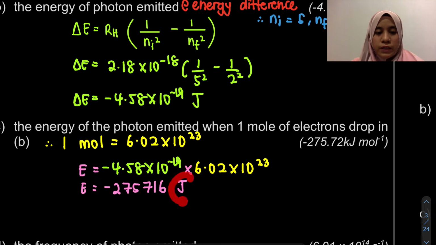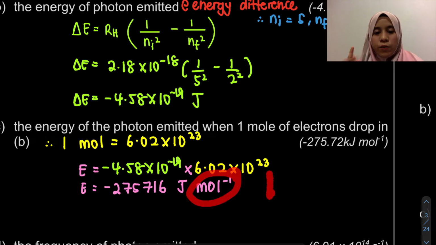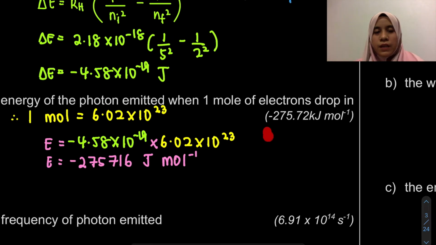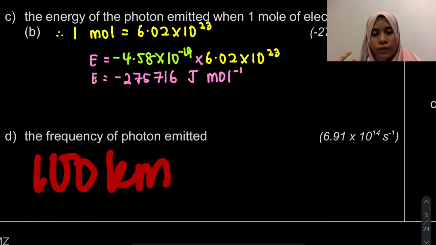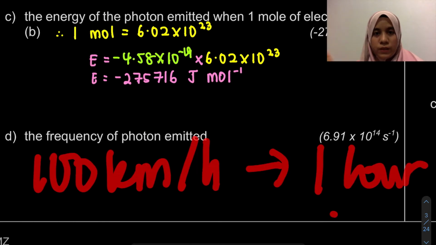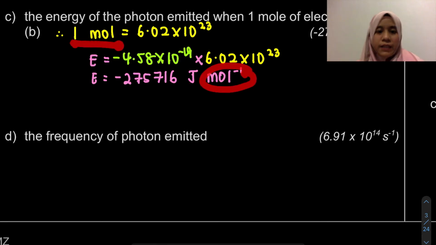The joule is from our energy. Why is there mole? Because we say per 1 mole. It's like 100 km per hour. What does 100 km per hour mean? It means in an hour, our speed is 100 km. So the most important thing is to have per mole.